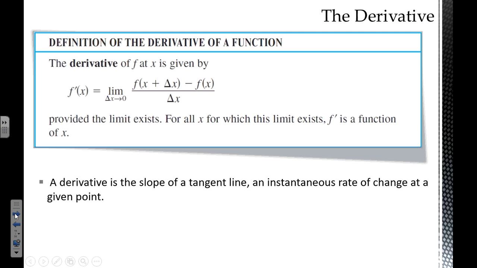So I couldn't really tell you what you were doing in Unit 1 because you didn't know what a derivative was. But all those limits that you had to do with the difference quotient, you were really finding a derivative. You just didn't know.